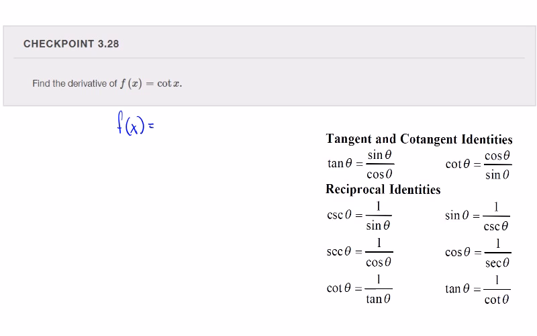All right, and if you put cosine over sine, you're exactly right. Okay, so now let's find the derivative of the numerator function. Right, negative sine. The derivative of the denominator function is cosine. Good job. And so now we can set it up.